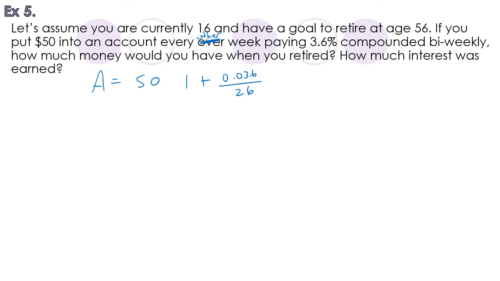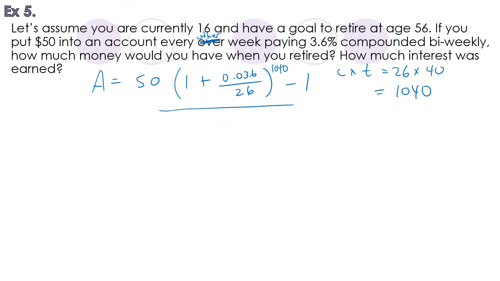Biweekly is 26. Your exponent, now C times T, would be 26 times, now not 56, how many years pass between 56 and 16? 40. So using our calculator, 26 times 40, we get 1,040 payments.